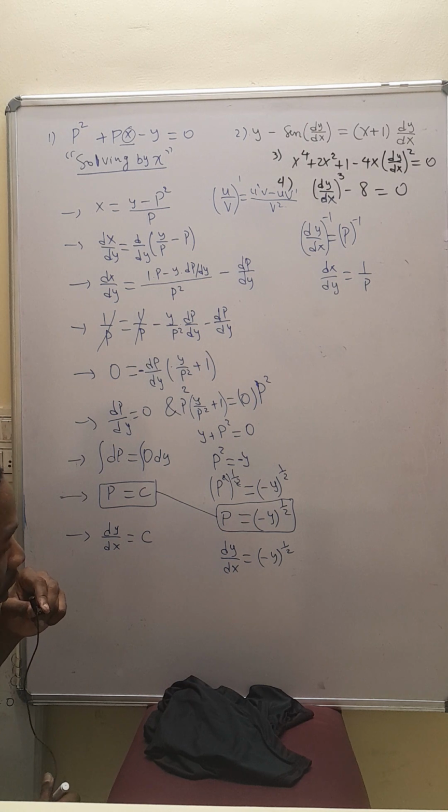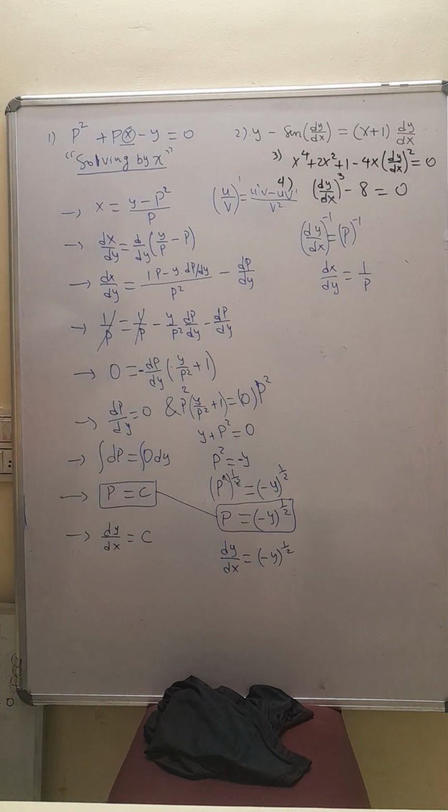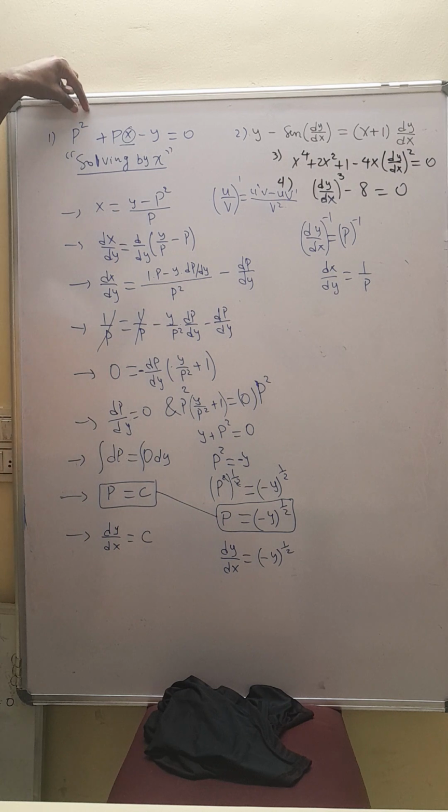The point I wanted to clarify here is that once you have found your value of p, whether you are solving for x or for y, just grab these values and substitute them in here.